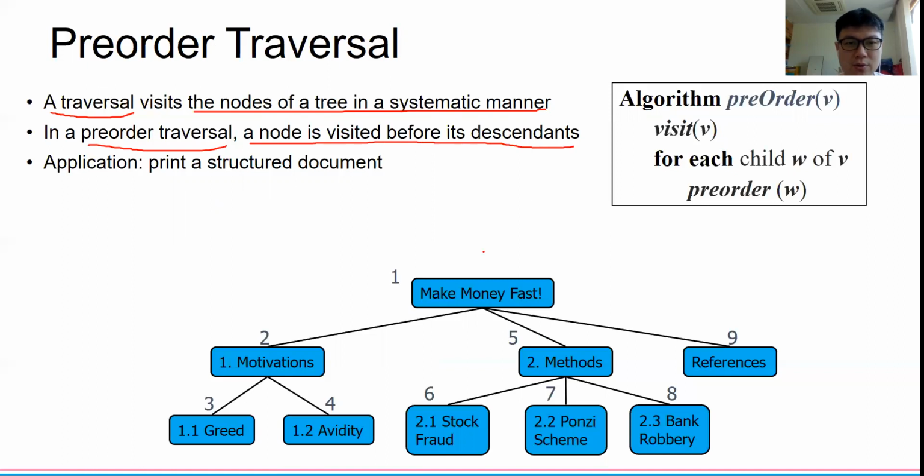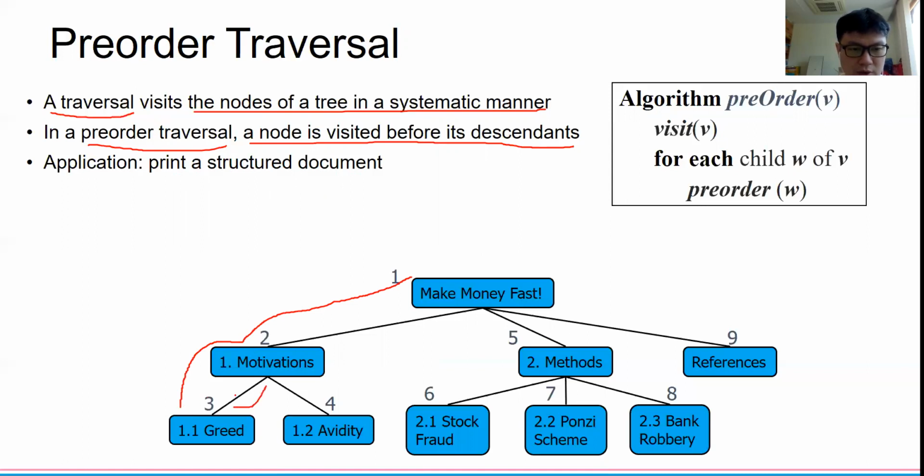Okay, so let's see. If I want to print a structured document, that can also be one of the implementations. So first I go from the root, and then it goes to the descendant. A node is visited before its descendants, so it goes to a descendant, and then it goes to another descendant. Okay, and then after I finish this descendant, I will go back to the parent.